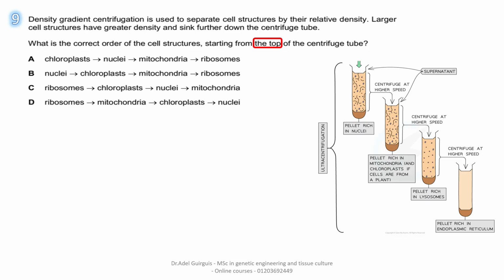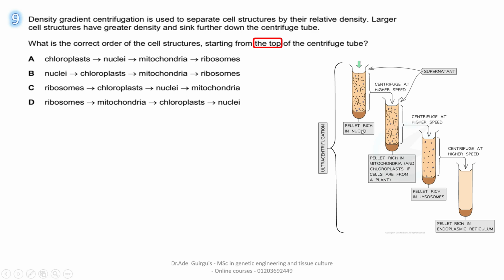This solution is centrifuged at high speed for a certain period of time. We obtain two phases, supernatant liquid phase and a solid pellet rich in nuclei at first. Why do nuclei deposit firstly? Because each nucleus has the highest density gradient or relative density compared to others.